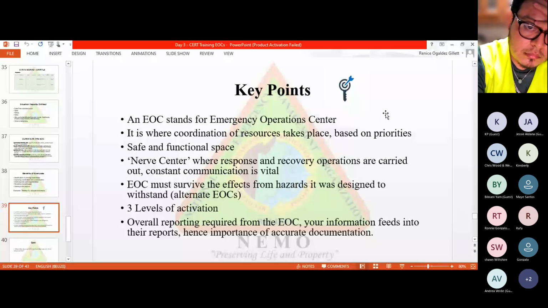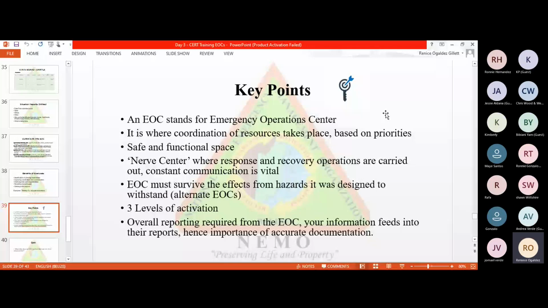The EOC must survive the effects of hazards it was designed to withstand. We have some countries where, when there was a major disaster, we've seen in the past where EOCs were flooded, and this is why an alternate EOC is very important. Ronnie went over the 3 levels of activation.